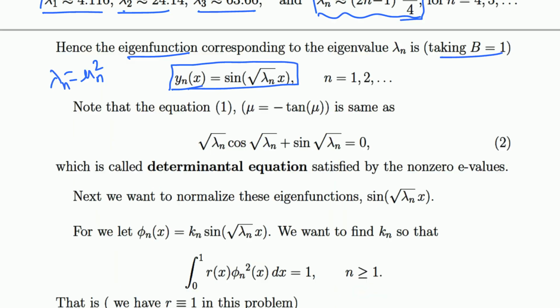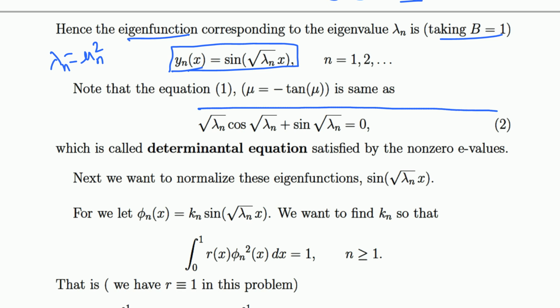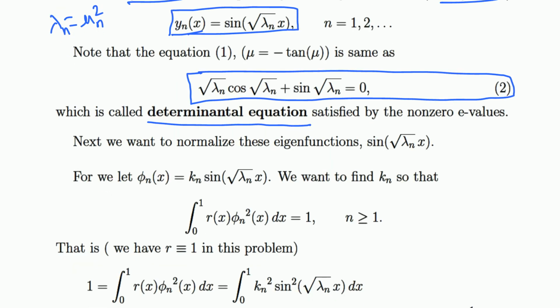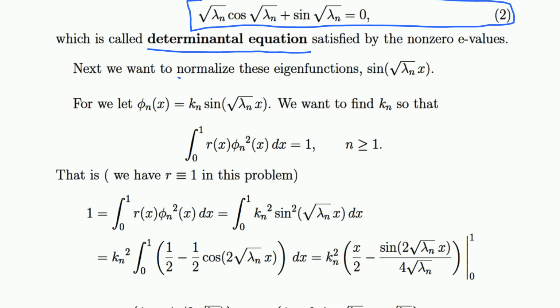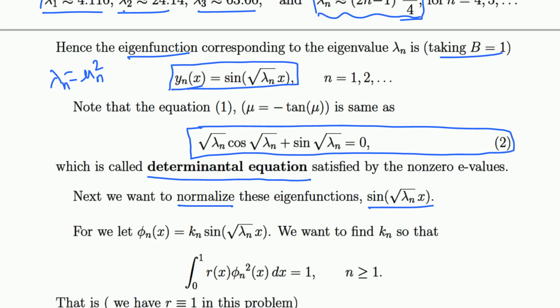So from equation 1 we have this, and I'm putting equation 2 for future reference. This is called the determinantal equation, satisfied by non-zero eigenvalues. Now our goal is to normalize the eigenfunctions that we found here, yn equals sine root lambda n x.